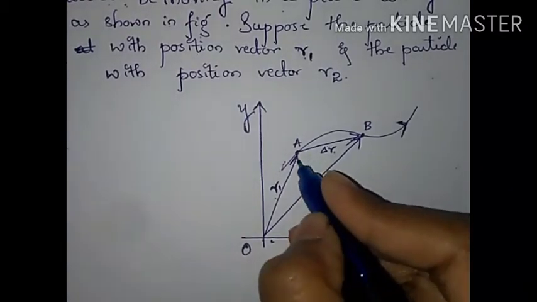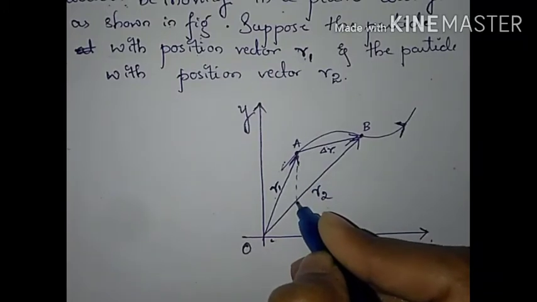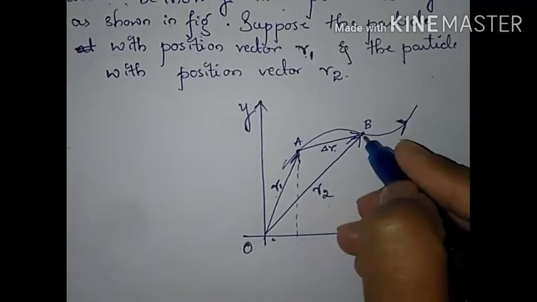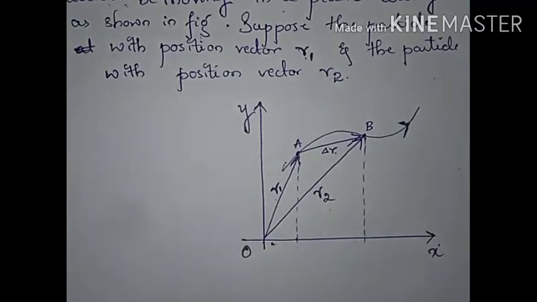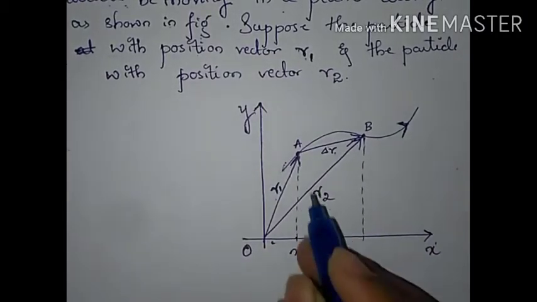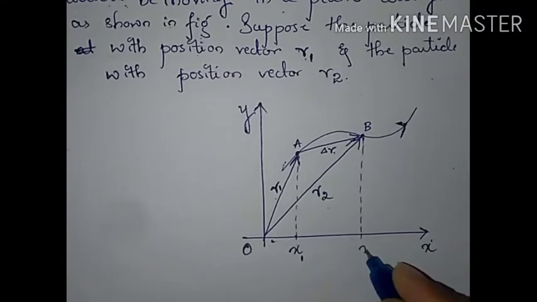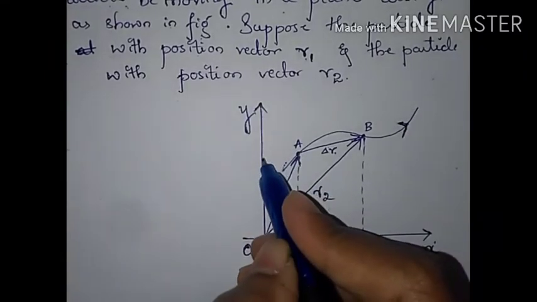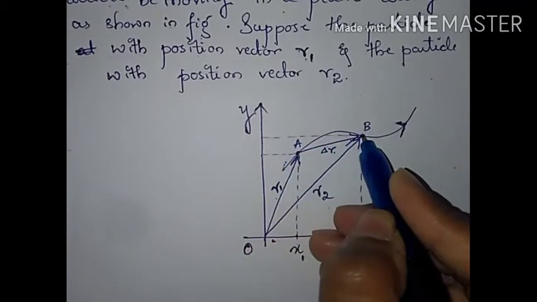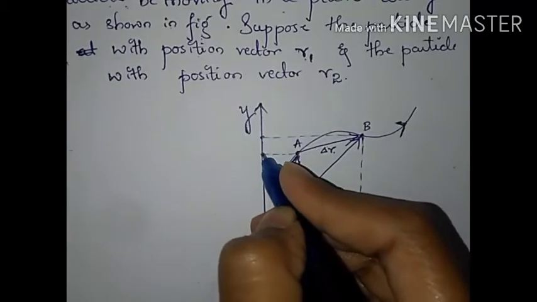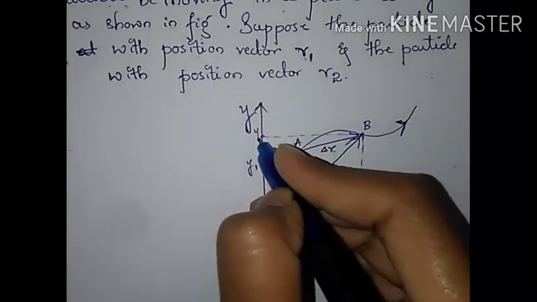So now let us draw the perpendicular line from point A and point B which crosses the x-axis at, let's suppose x1 and this is x2, and here you have y1 and y2.